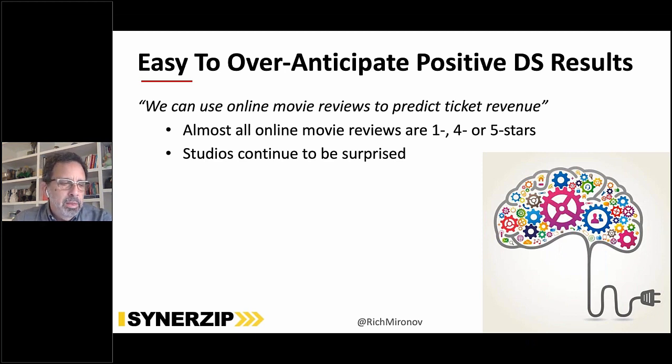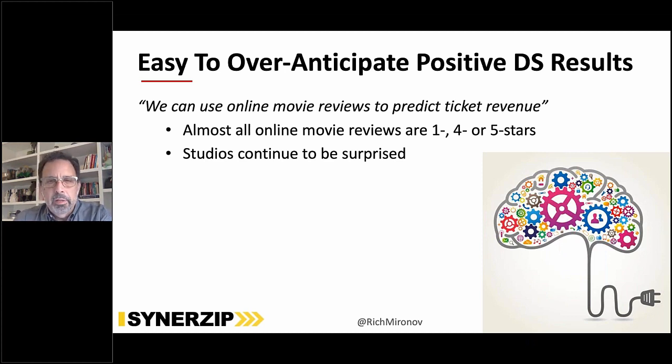I think the evidence here is that the movie studios have spent tremendous amounts of money trying to figure out which movies are going to make and which movies are not going to make break even on this. And they continue to be surprised at which things are the breakout hits.